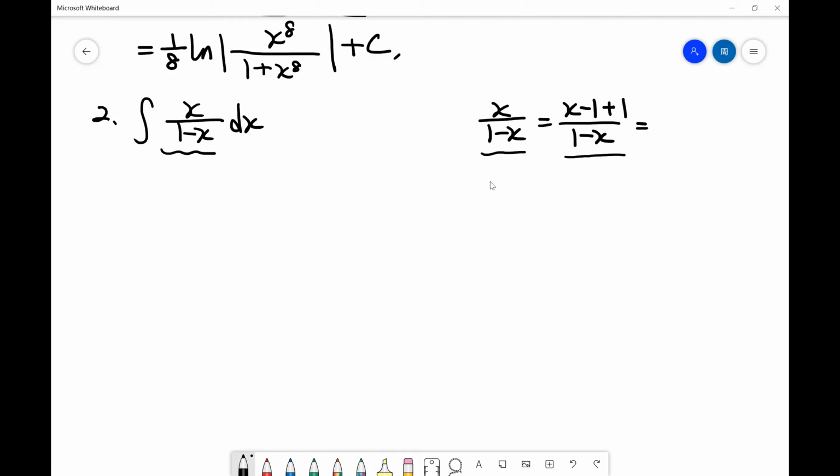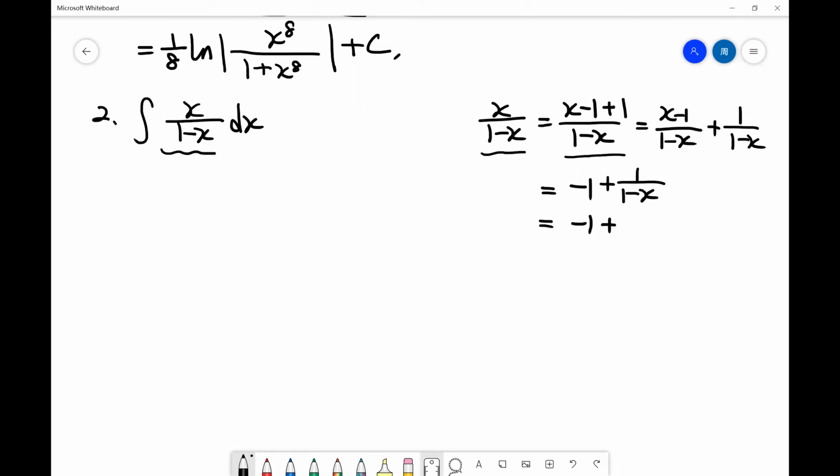The first part is x minus 1 by 1 minus x, right? And the second part is 1 by 1 minus x, right? So we know that equals minus 1, and then plus 1 by 1 minus x. And to simplify the calculation, we can write it as here.